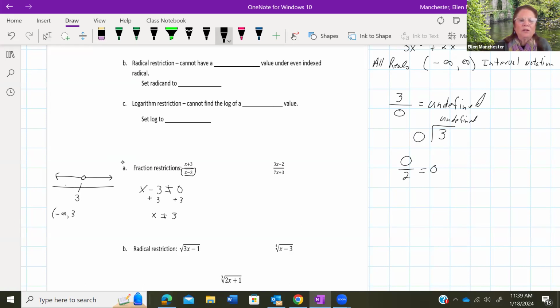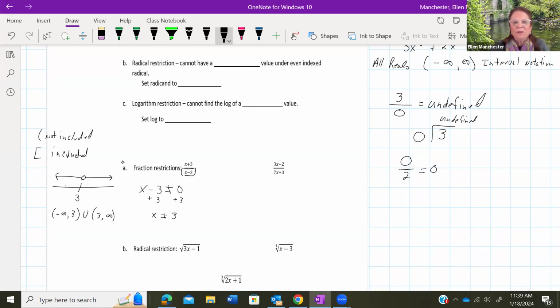All the values below 3, and that's a union symbol, all values above 3. Notice I'm using parentheses. Parentheses means it's not included. That's why we have a parenthesis on the infinity, because infinity goes on forever. It's not a set number. A bracket, which we'll use in a minute, means the value is included.